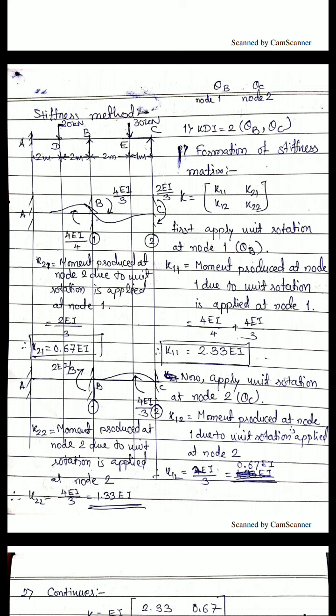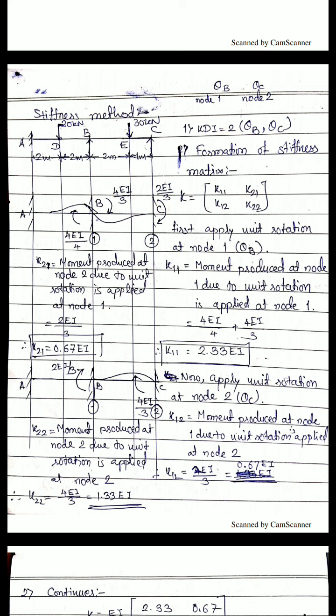See here, if ABC beam is drawn and B is rotating, in the figure you can see B is rotating in a clockwise direction. Why a clockwise direction? Because we treat clockwise as a positive value, so we will apply a positive unit rotation at every node. So for node 1 we will apply a clockwise rotation at joint B. If joint B is rotating, then in this figure you can see the behavior of your beam.